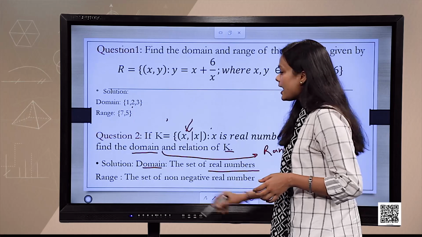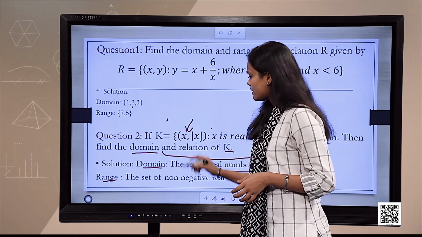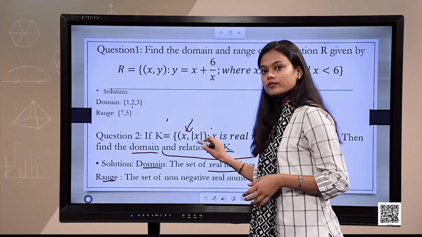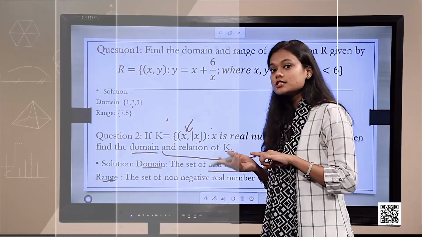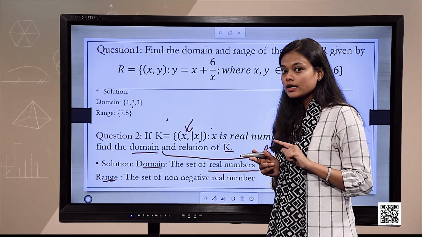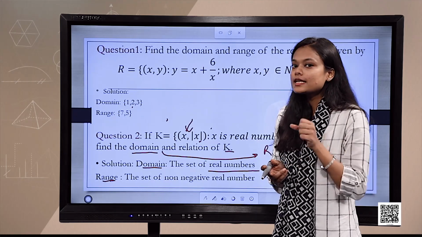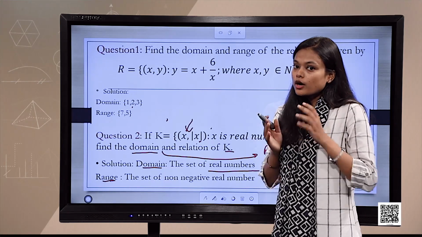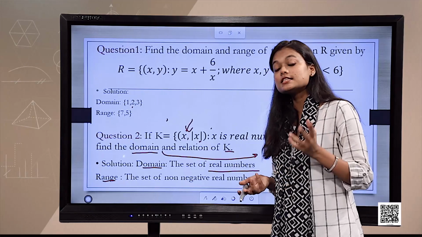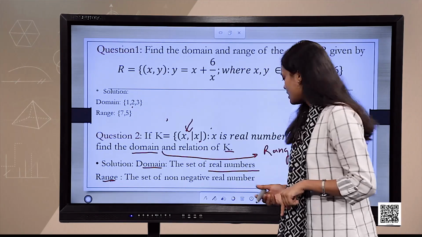And the range, what will be the range? We can see from here the set of all positive or non-negative, think upon it, non-negative real numbers. Why is this so? Because if we take 0, the modulus value of 0 is also 0, and 0 will also be there in the range, correct?